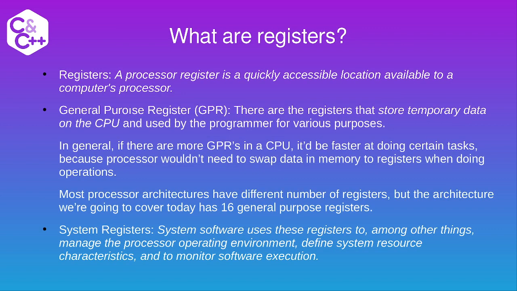So let's go. Since we're going to control the CPU, let's take a look at what is actually inside a CPU. First of all, registers. Let's read the Wikipedia definition: a processor register is a quickly accessible location available to a computer's processor.